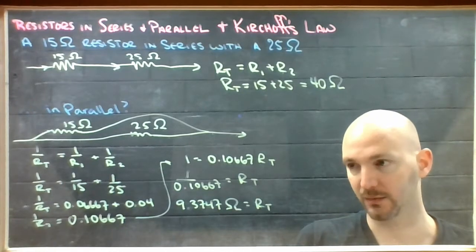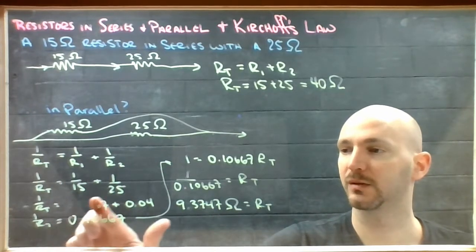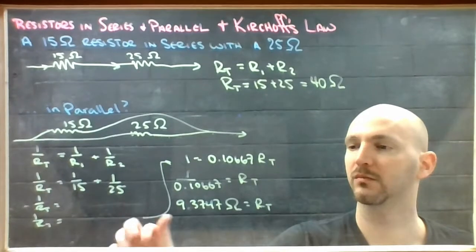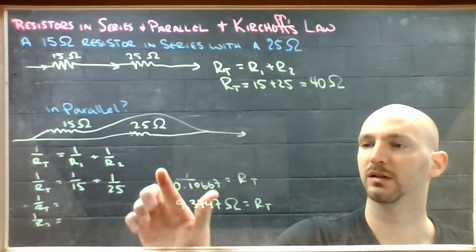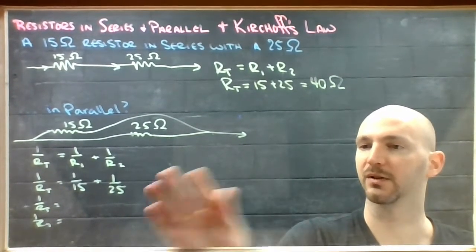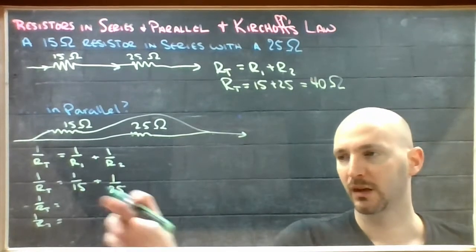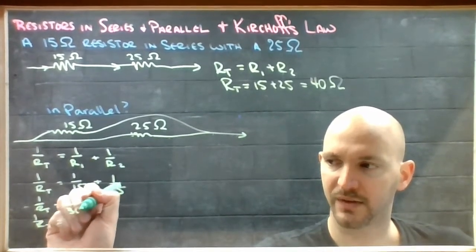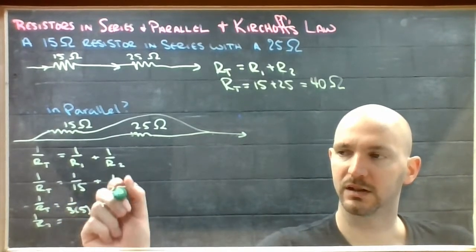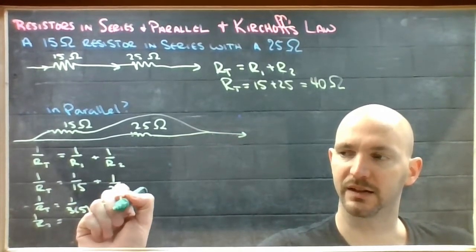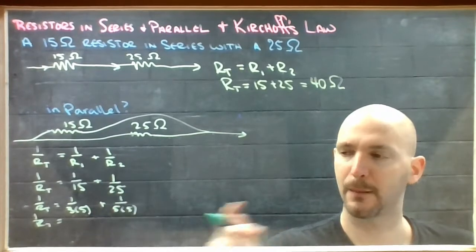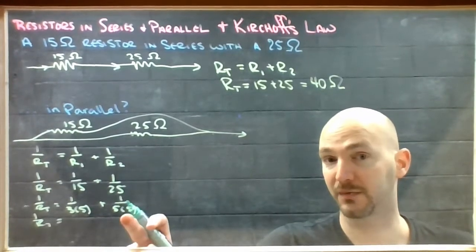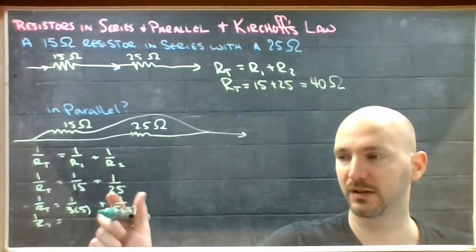Alright, now if I tried it with fractions, let me clean this mess off here for you first. 15 is 3 times 5. 25 is 5 times 5. Notice how this has a double 5 and this has a 3 with a 5.